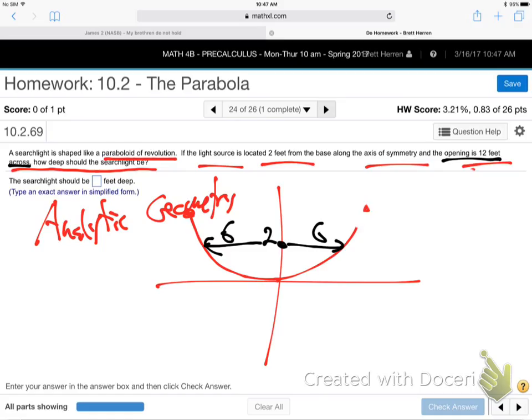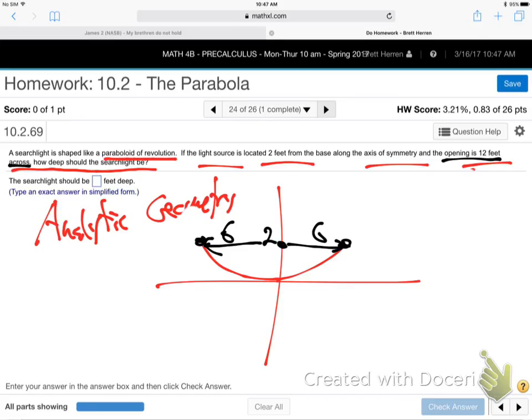So it just stops right here. Like that, right? Does that make sense? My picture's not so good, but the opening is 12 feet across altogether. And they're saying, how deep should the searchlight be?